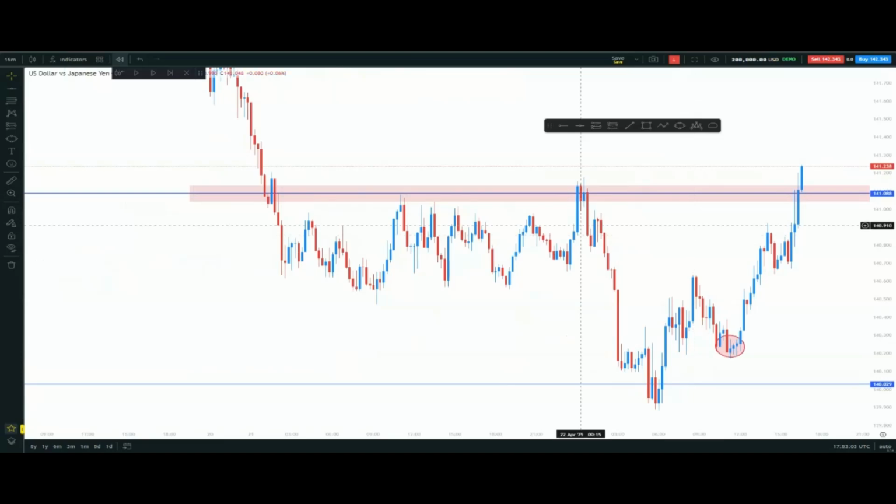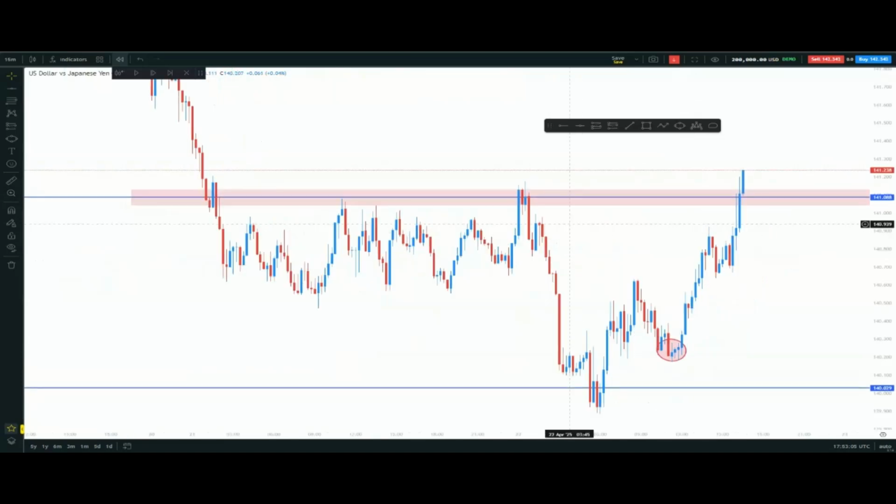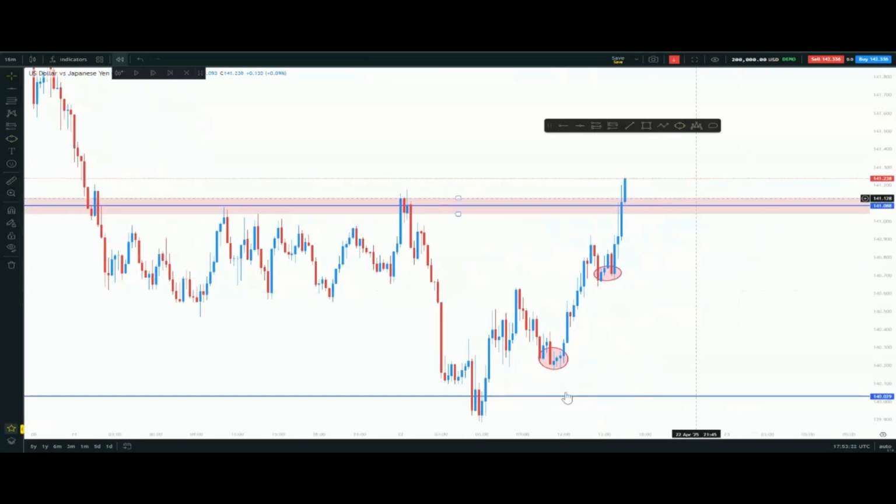And after price broke above this zone, I anticipated that price was about to enter an uptrend, because you can see there are a bunch of higher lows that have already started in the market. I anticipated that this was a major counter trend trade that I could easily monetize on.